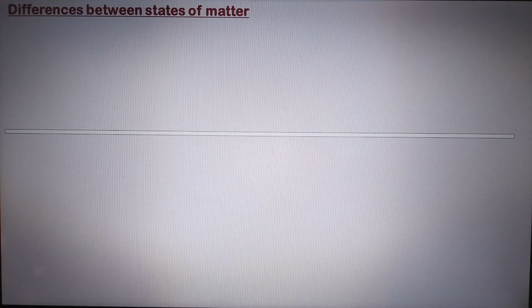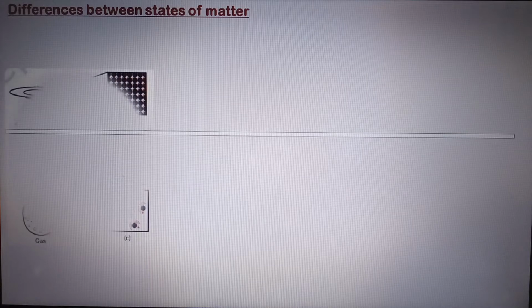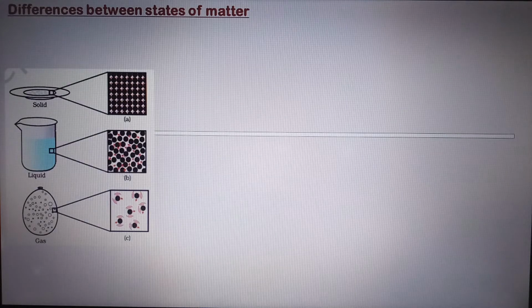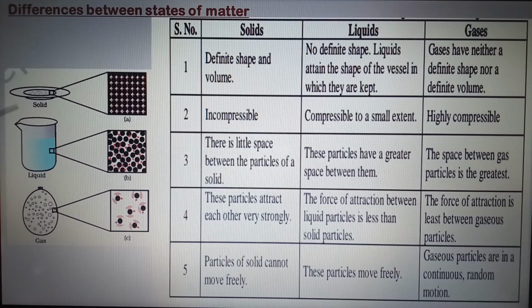Differences between various states of matter. Talking about the solid, the interparticle spacing is very negligible, and therefore the bonds between them are very strong. But the liquid has spacing between the particles.